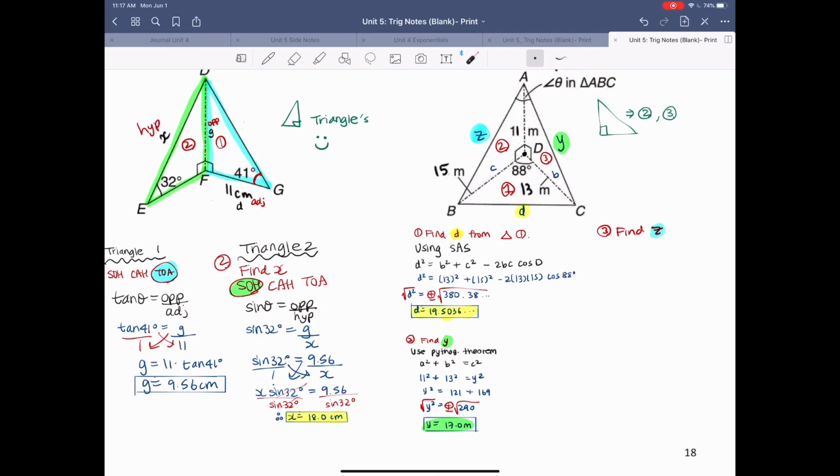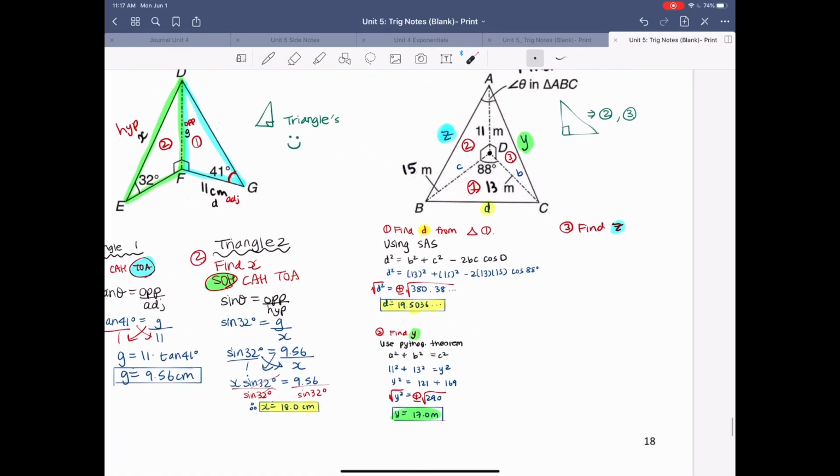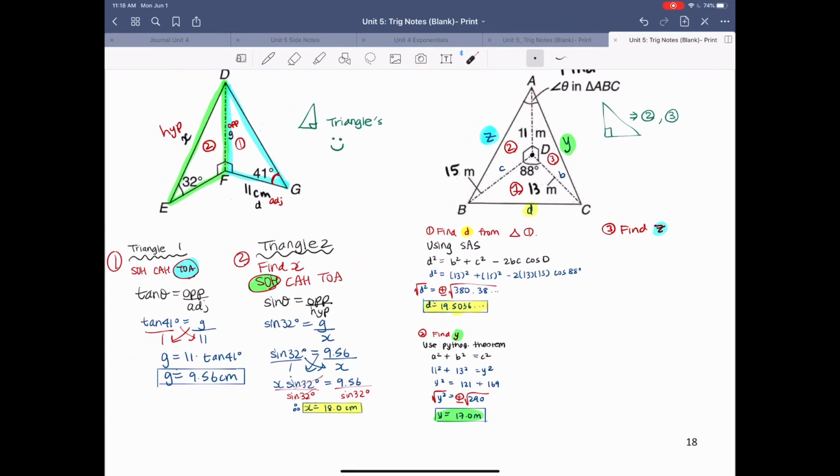If I have these 3 sides, I could eventually find an angle from this triangle. And remember, I didn't have any angles from this big triangle. So I could use the cosine law to eventually find my angle. That is my thinking process of how to break this down.